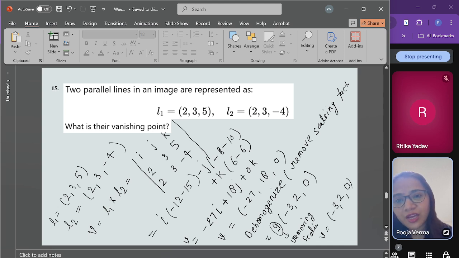So this is the vanishing point for this two parallel line representation. So have you understood how to solve for the vanishing point if two parallel lines are given? Have you noted it down? Can I move to the next question? Have you understood this question?